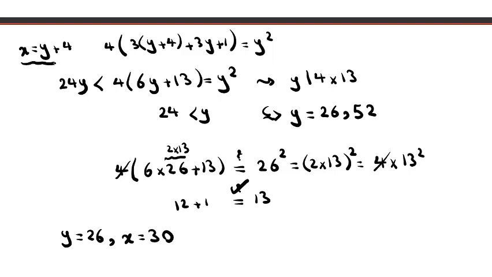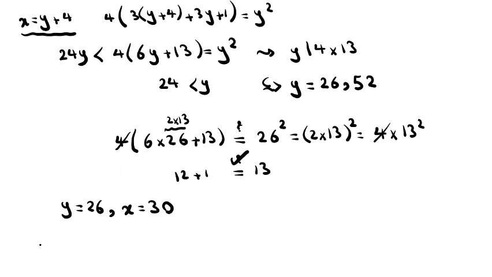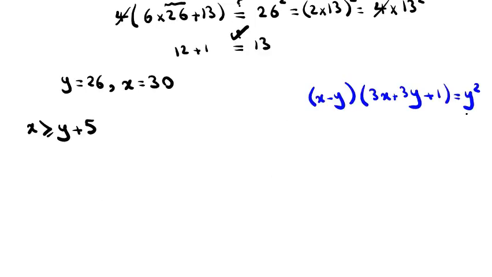So we've checked until x equal to y plus 4. Now we say, okay, maybe for the other cases we can find a smaller x. But if we check the other case, x is at least y plus 5. Why? Because the problem says y and x are positive, so x minus y is positive. We checked this for 1, 2, 3, and 4.